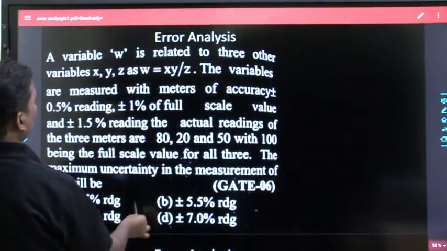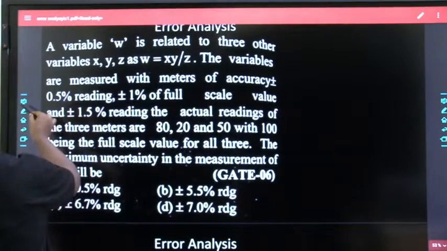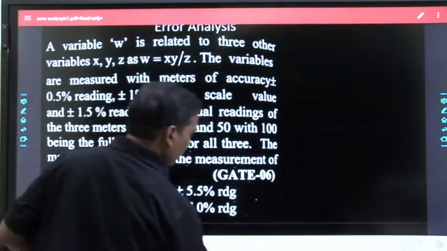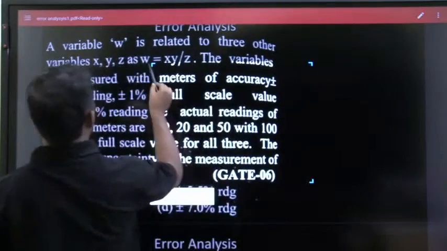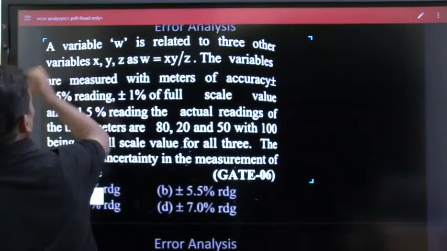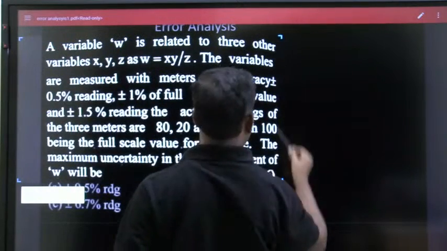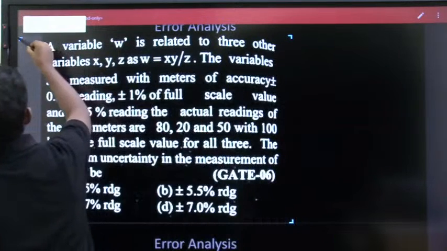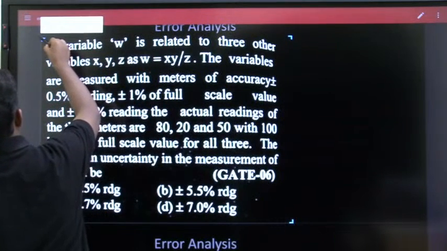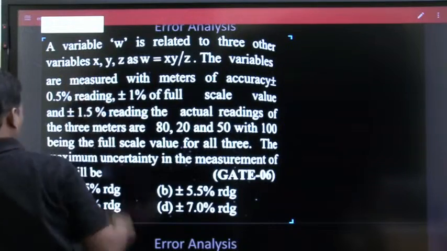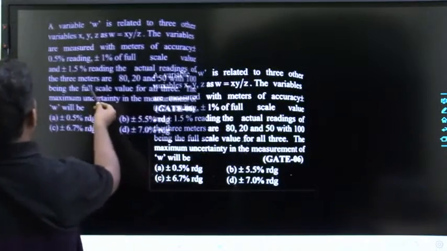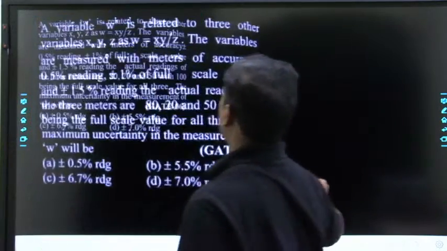Try to do this question. See here. So this is the question.